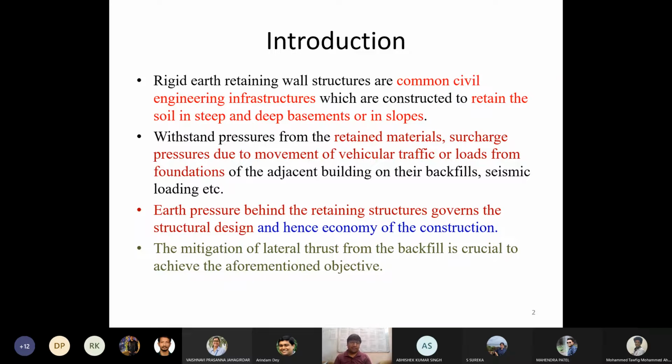There are many mechanisms available for reducing the lateral earth pressure on a wall. One very popular technique is using a geo-inclusion in the form of EPS geofoam. You have heard of this, where we introduce EPS geofoam just behind the retaining wall, between the retaining wall and the backfill. Introduction of this geomaterial reduces the lateral earth pressure substantially. However, there are always some limitations.